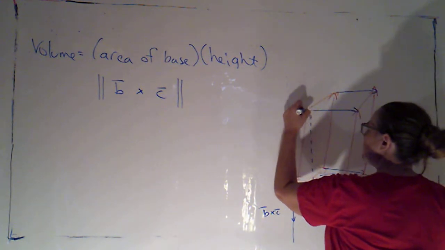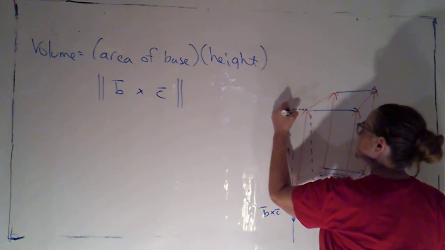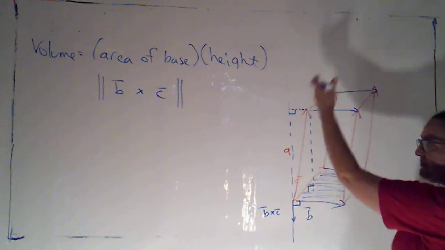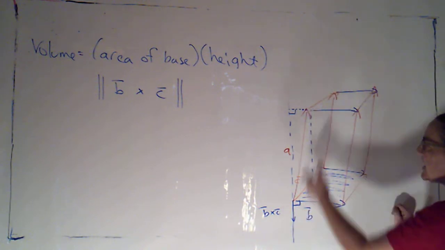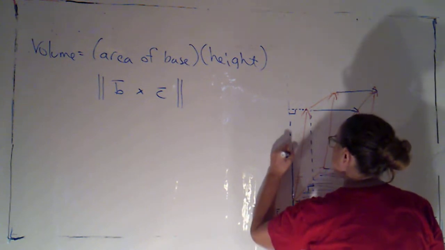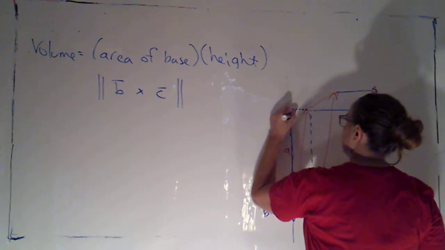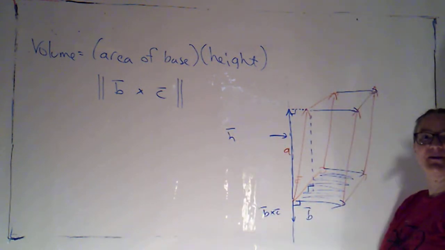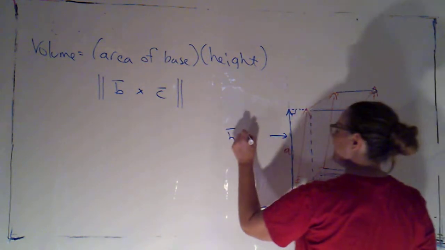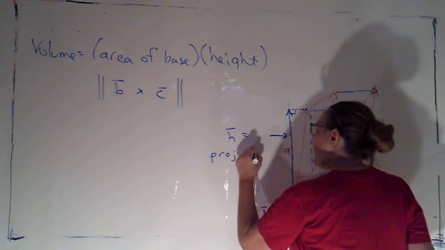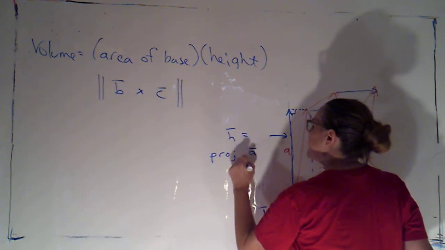What I'm choosing to do instead is actually drop a perpendicular sideways onto the line determined by B cross C. But if I do that, this vector right here, I'm going to just call it H because its magnitude is going to be the height that I'm looking for. That's going to be the projection of A onto B cross C.